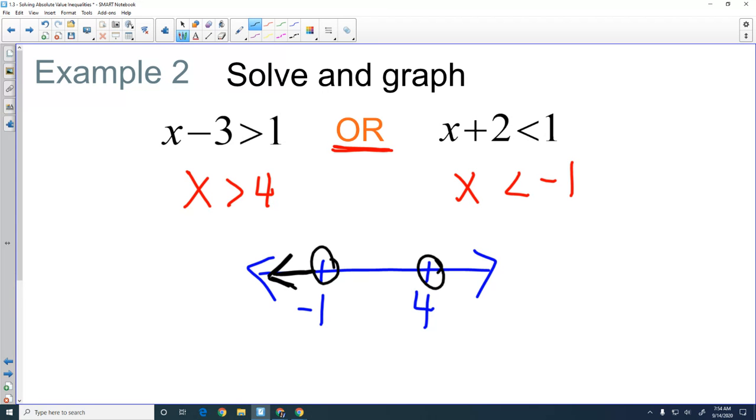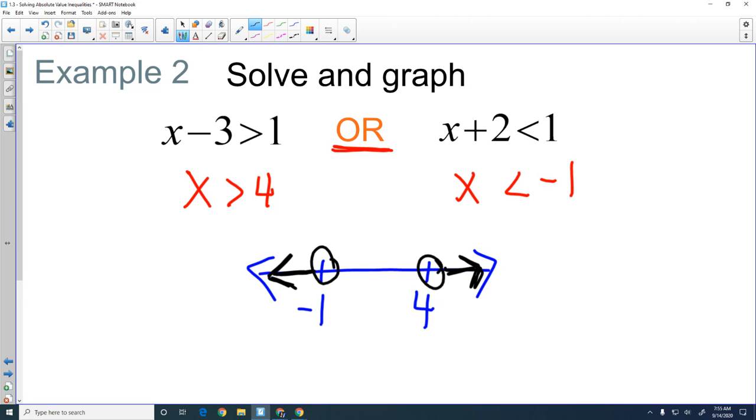And then x can also be greater than 4, so from the point on the right, I'm drawing an arrow to the right. Notice these arrows point in opposite directions, meaning my solution is one of these two scenarios, but not both of them.